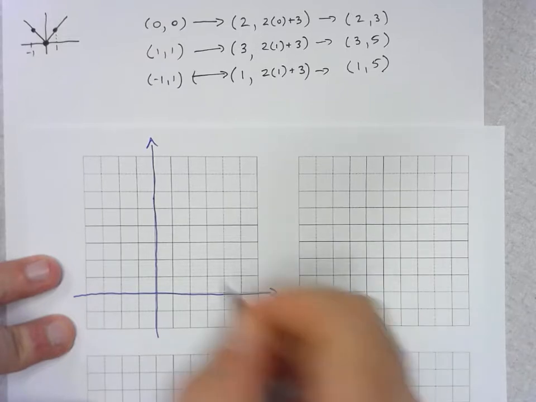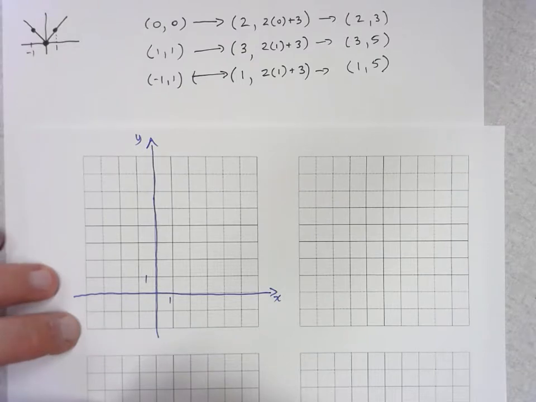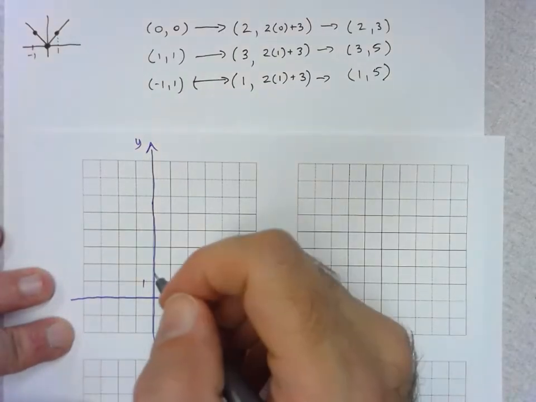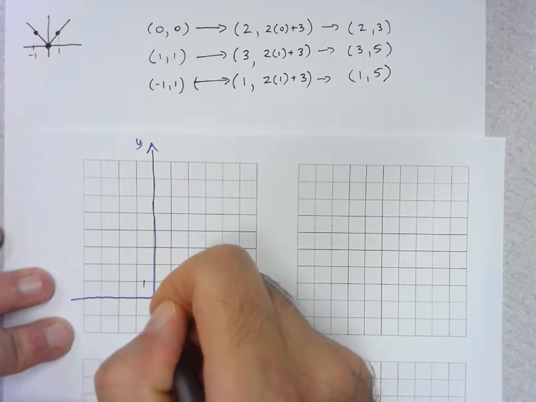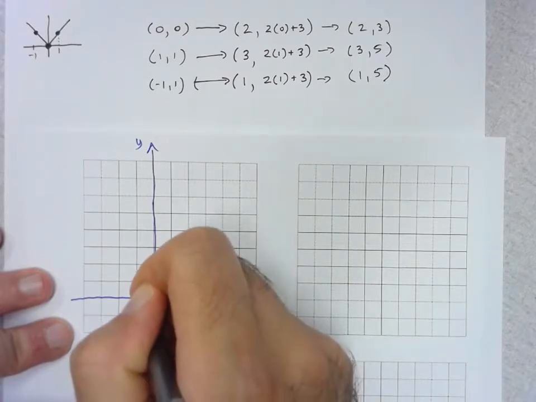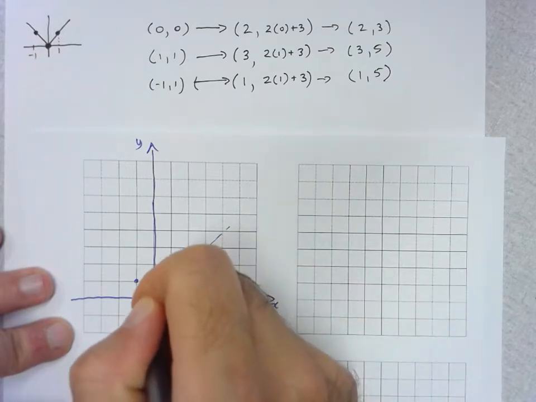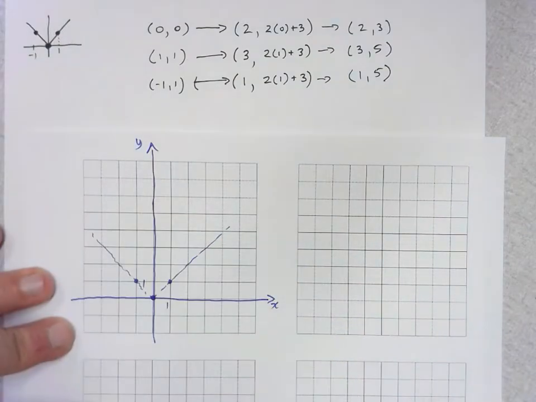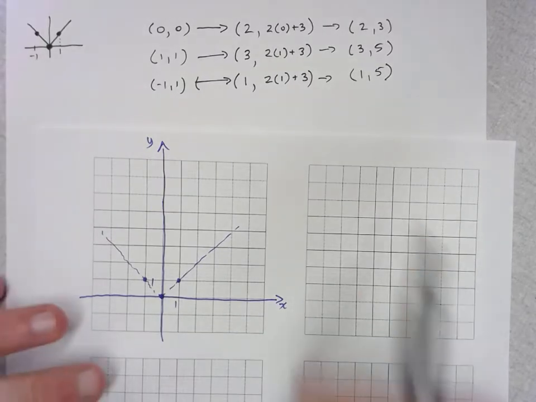Okay, so x and y, and I'll go up by 1 on each axis, since my numbers are fairly small. And so what I could do is plot the original absolute value function, and now I can plot the transformed function.